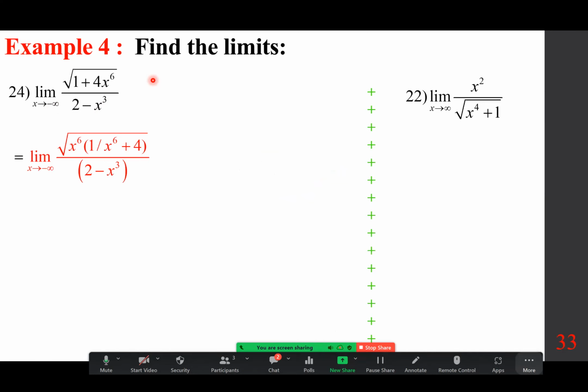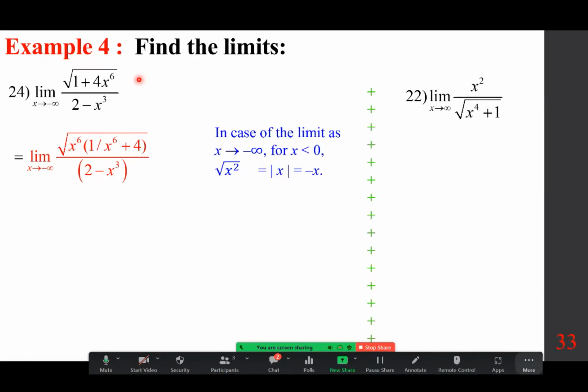And x to the power of 6 comes out either as x cubed or -x cubed. And because in this case, x is approaching -infinity, the square root of x squared is the absolute value of x, therefore it's -x. And the same thing happens here. It comes out as -x cubed.